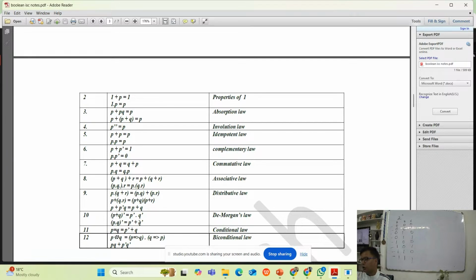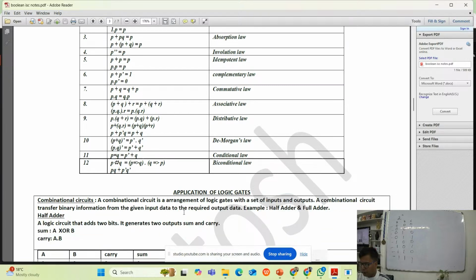De Morgan's law, again important: (A plus B) bar is equal to A bar dot B bar, and (A dot B) bar is equal to A bar plus B bar. Then the conditional law: P implies Q is equal to P bar plus Q.